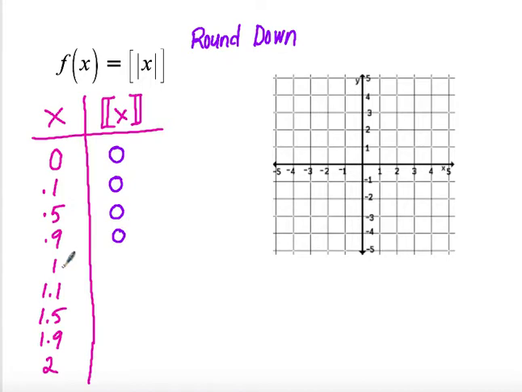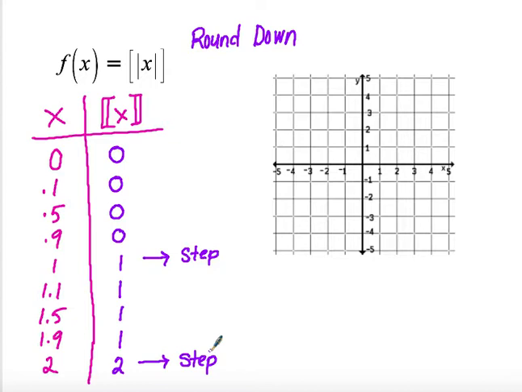And you see that 1 is a new integer. So here's where we're going to step. Now we're going to stay there. 1.1 is going to round down. 1.5 rounds down. 1.9 rounds down. And 2 becomes our next step. You can see here that we're stepping up on the integers.